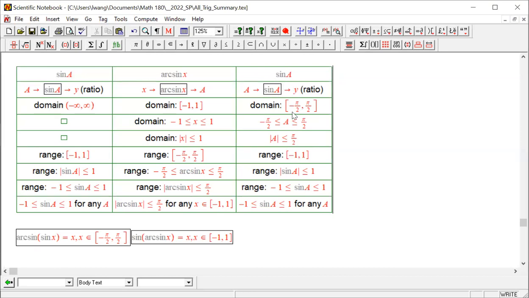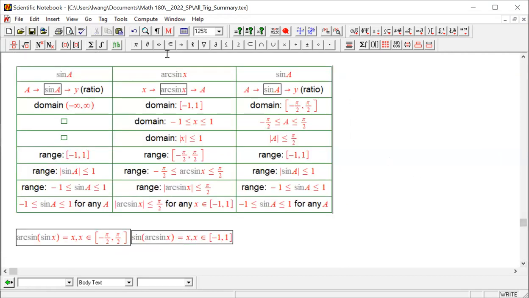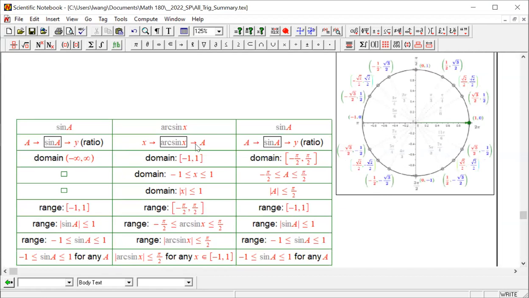Sine is restricted to an interval from negative pi over 2 to pi over 2. From the connection with the unit circle, when arc sine is considered, we basically just chop off the second quadrant and third quadrant.